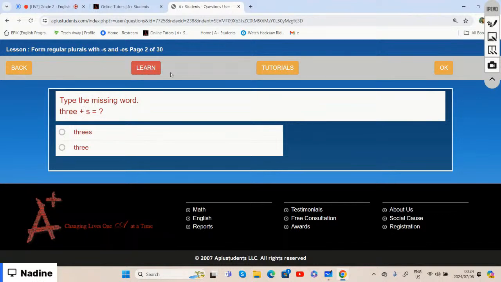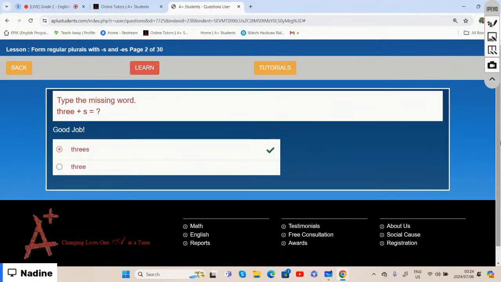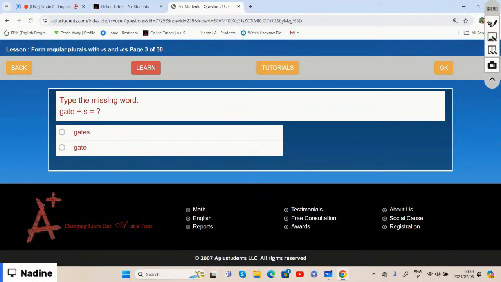Three plus S. If we added an S to our three, then it's threes. All right, gate plus S. If we're referring to more than one gate, so gate plus S. Is it gates or is it gate? We need to say if it's gate or gates.